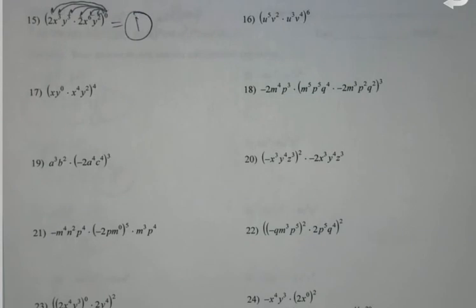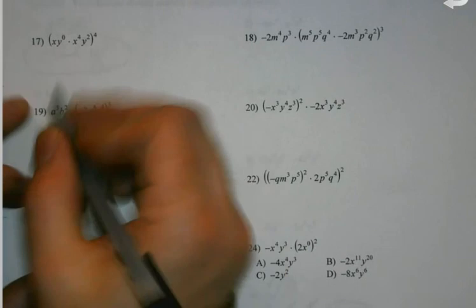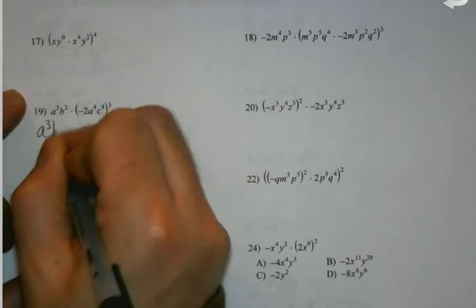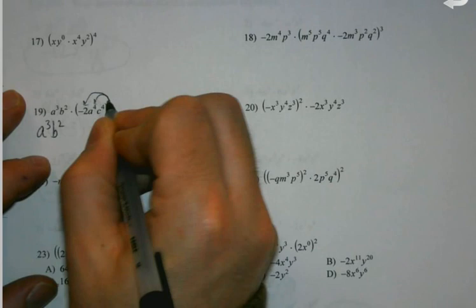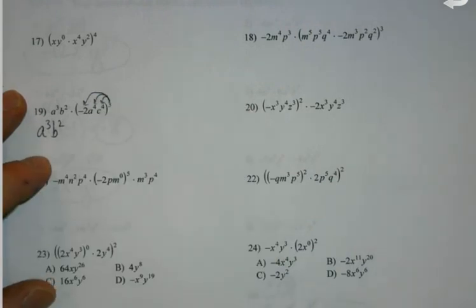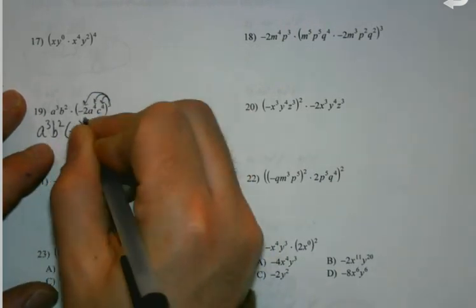So like for instance, if we kind of keep working through here and we get something like 19. Now here you're like, now what's going on here? Okay, I'm just going to copy the first part because this 3 is going to everything in the parentheses right in front of it. So I've got negative 2 to the third.